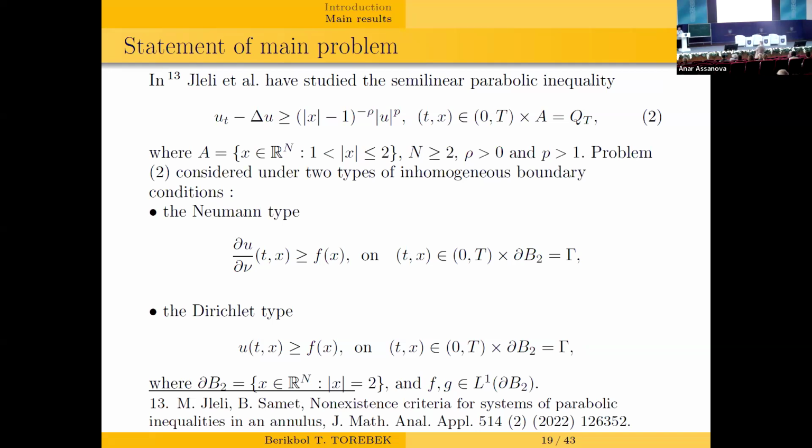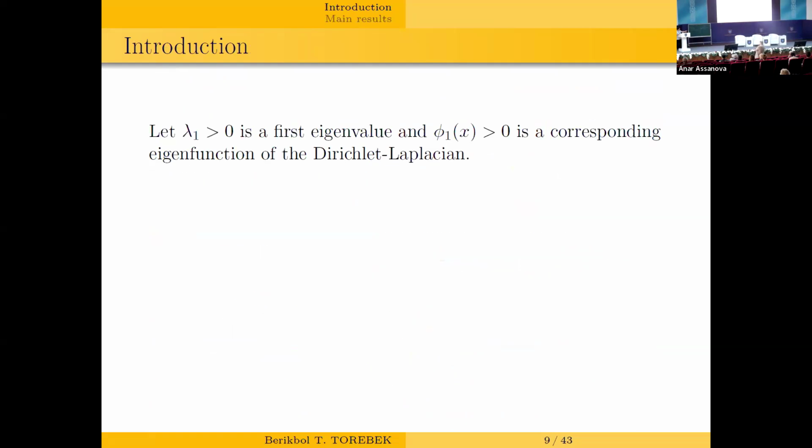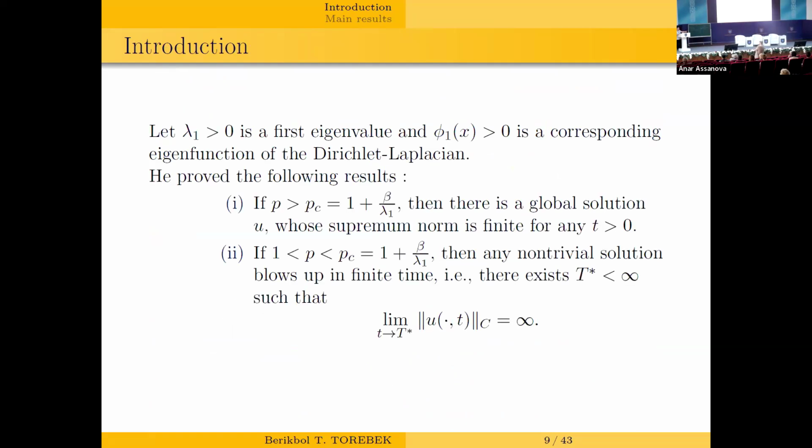You described the Meier result with the time-dependent right-hand side. You use the upper bound, but have you also used the exponential lower bound in the proof? Yeah, it's a Meier result. You mean in the proof?